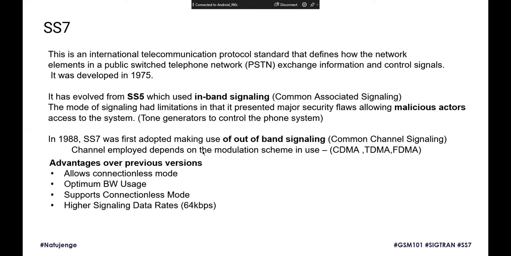Initially, before we arrived at SS7, which was first introduced in the year 1988, we did have SS6 and previously SS5. Signaling System 5 largely used the common associated type of signaling, whereby it employs a single signaling channel, also known as in-band signaling.